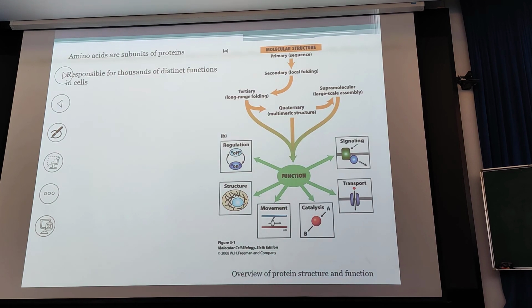So what are the roles of proteins? Proteins inside our bodies have so many types of functions. First, they have the regulation function. They control activity inside cells. And also structure.